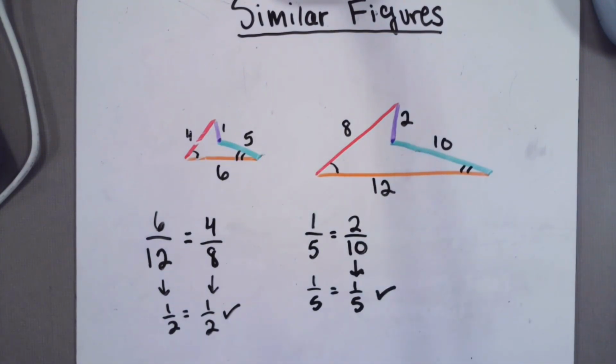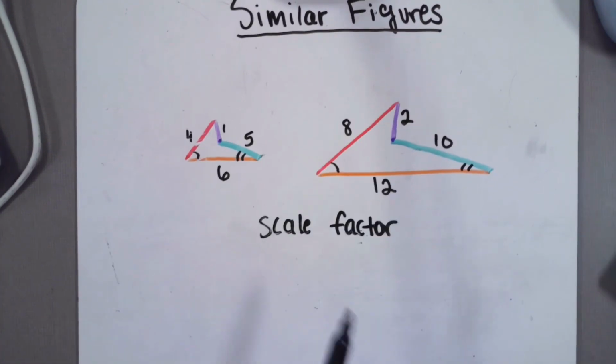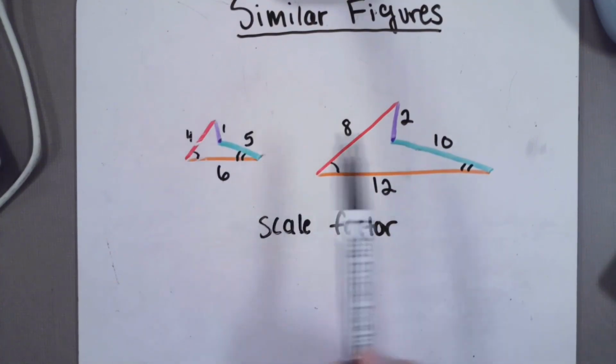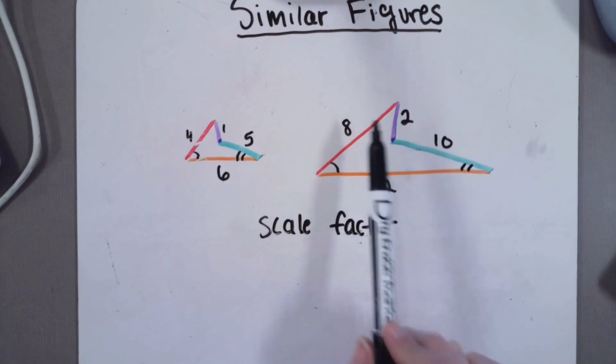So we said proportional means that there is a constant ratio between the side lengths of the two figures, and we call that constant ratio the scale factor. So the scale factor is basically what you multiply the sides of one figure by to get the sides of the other figure.